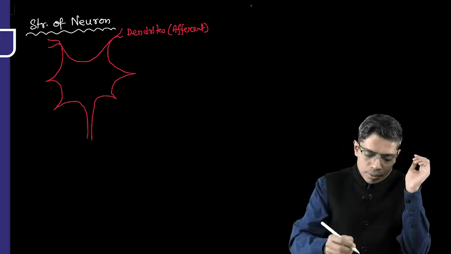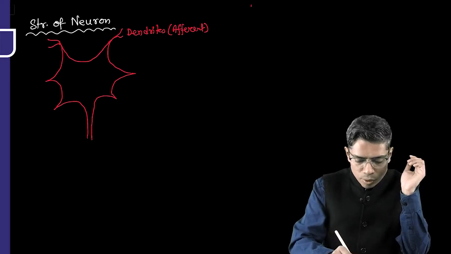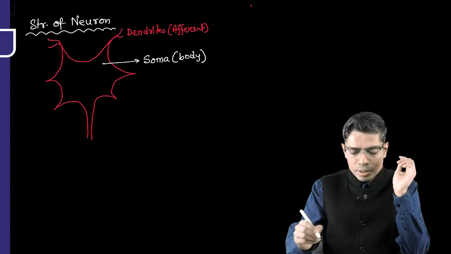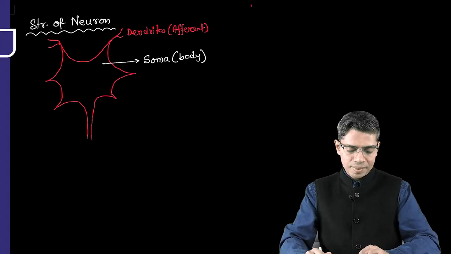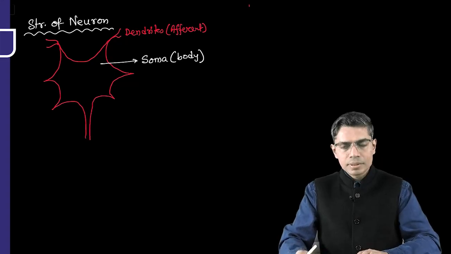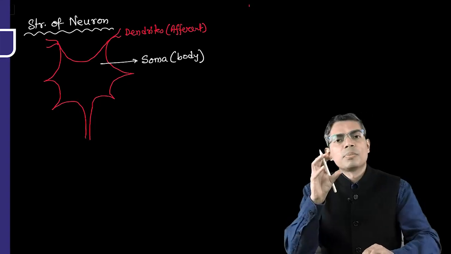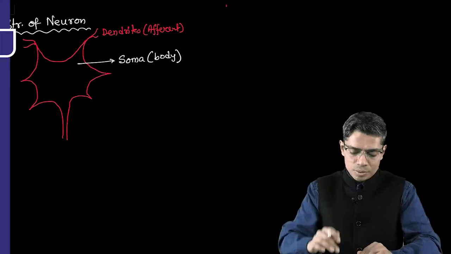Now the next part is the cell body or soma. So this is soma, which is nothing but the cell body, also known as perikaryon. The cell body of the neuron can be of variable size. It may be small, it may be large, depending on the size of the neuron.